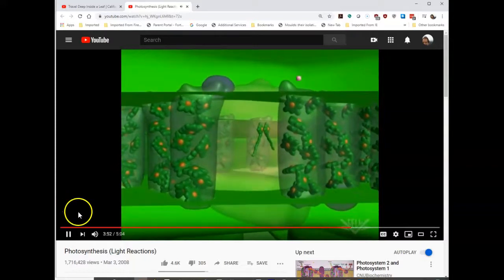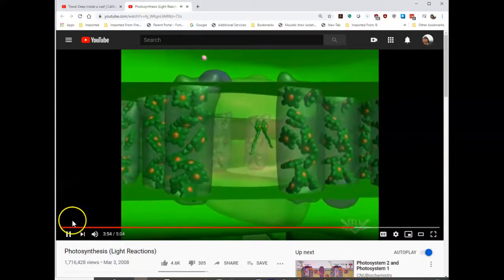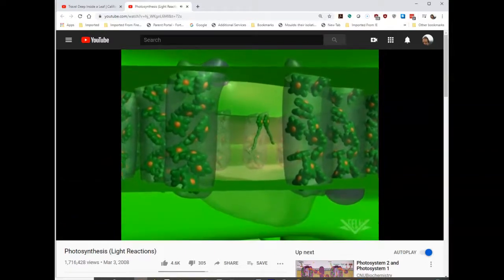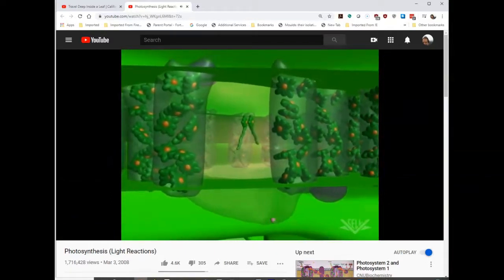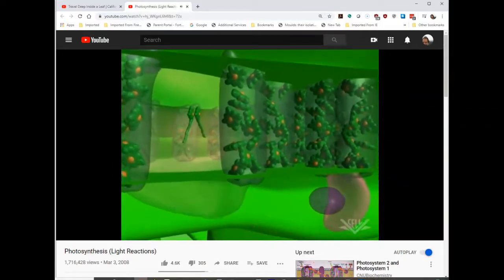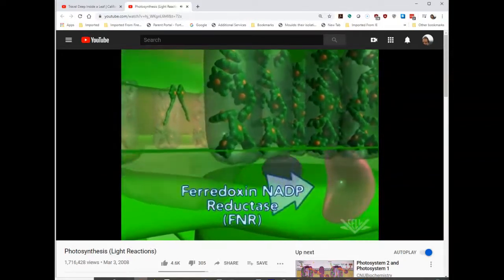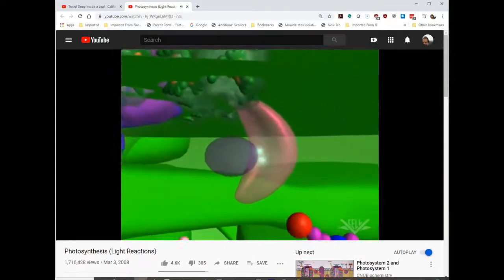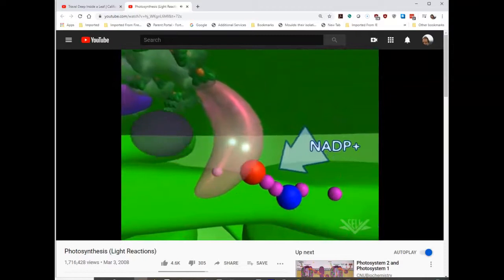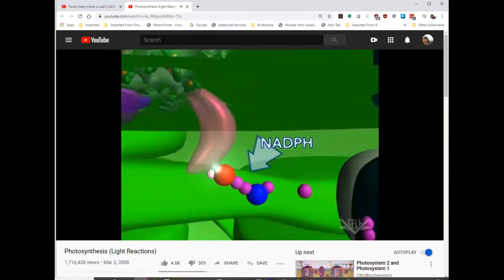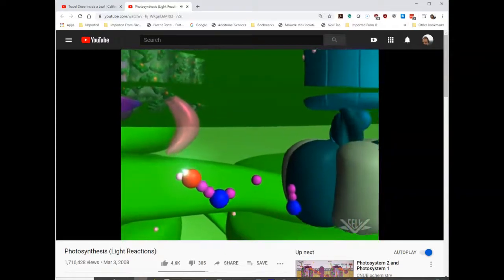It is here that photons again energize each electron and propel their transfer to ferredoxin. Ferredoxin then transfers the electrons to the ferredoxin NADP reductase, also known as FNR. After 2 electrons are transferred to FNR, NADPH is made by adding the 2 electrons and a hydrogen ion to NADP.